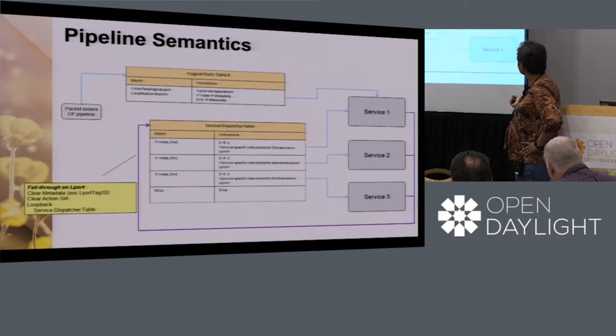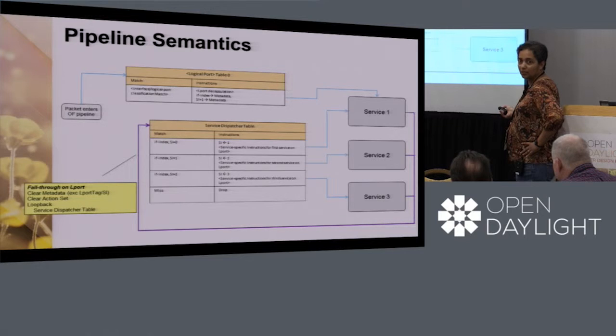Then, once the service is done with its processing, if the packet is not dropped, for example, it comes to the dispatcher table again, and the interface manager bumps up the service index. So after service 0 it would go to service 1, and so on and so forth, 2 would lead to 3.